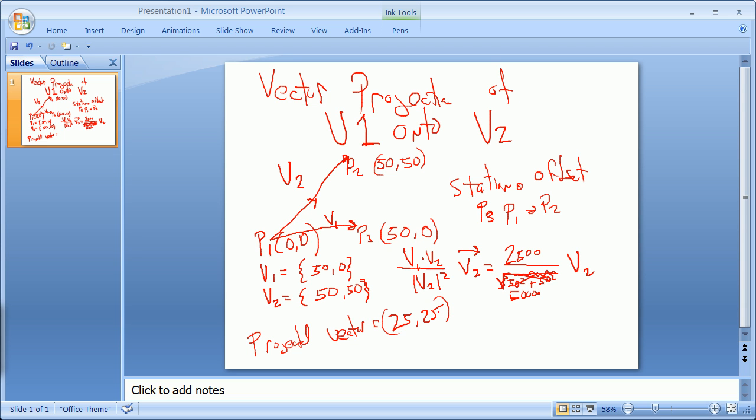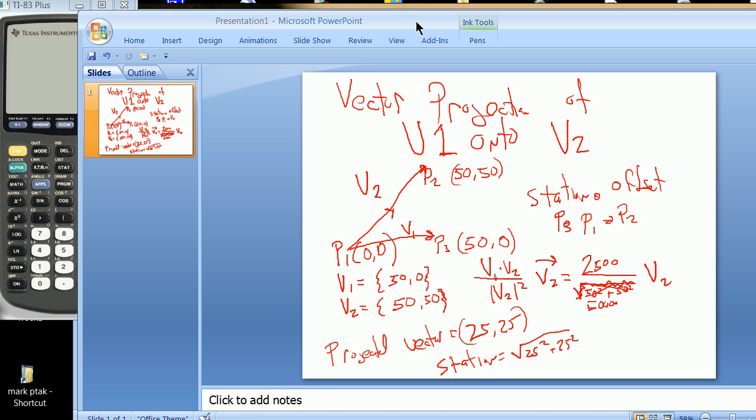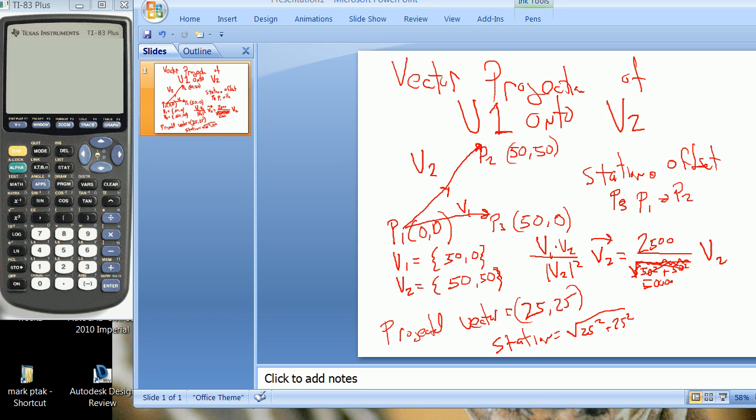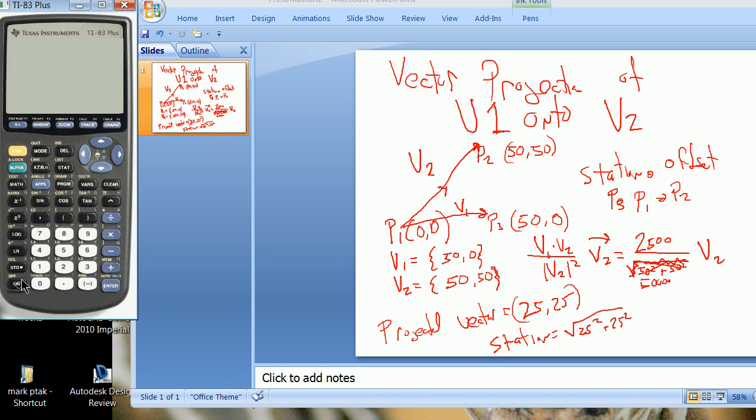Now, of course, that is just the projected vector. What we wanted was the station, so the station equals the square root of 25 squared plus 25 squared. Now, as you go through something like this, every now and then I'll try to move this thing off to the side and say yes, and that remembers it.